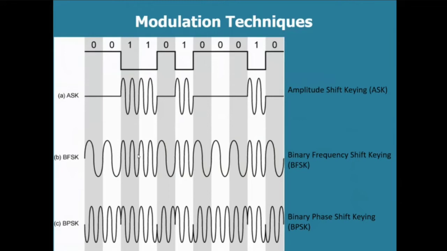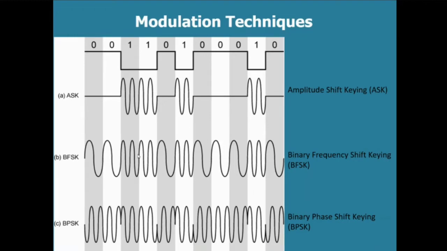This is carried out by means of sampling, quantizing and encoding. In digital modulation, in digital communication, we transmit data in the form of ones and zeros. Here, our message is binary digits, and the carrier signal is a sinusoidal waveform.